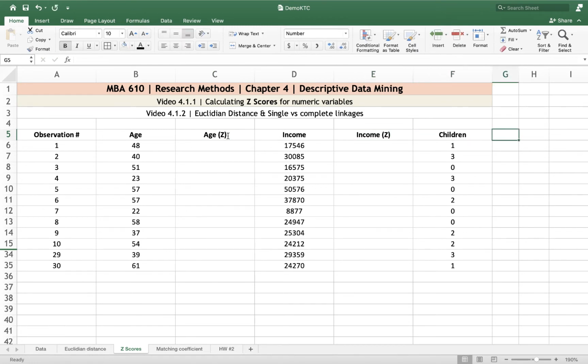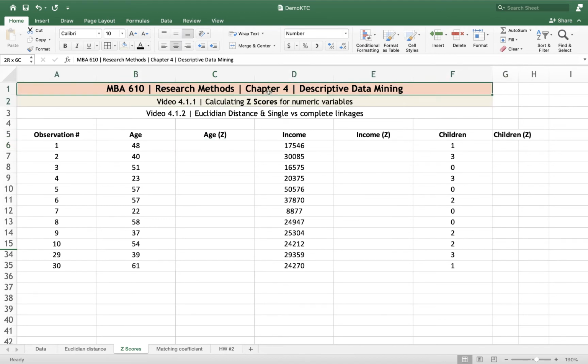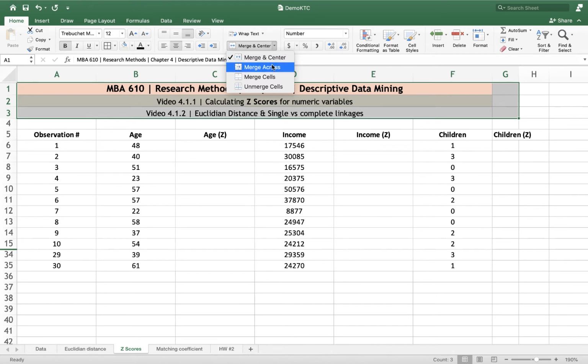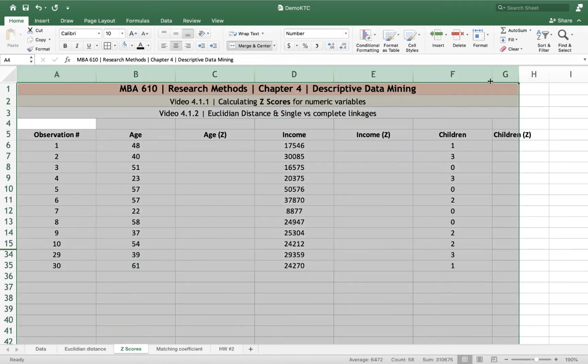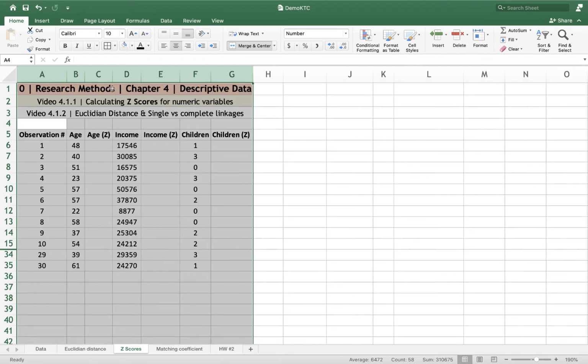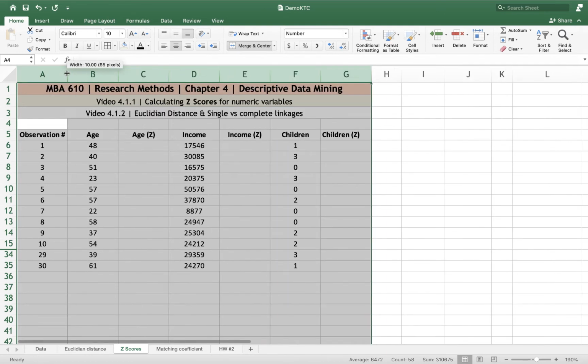And then I'm going to calculate a Z-score for the number of children that each person that we've observed has. I need some symmetry here. It's a thing for me. So I'm just going to merge that across. And then I'm just going to adjust the cell width. Okay, I'll make them a little bit wider. Let's make them all that wide.